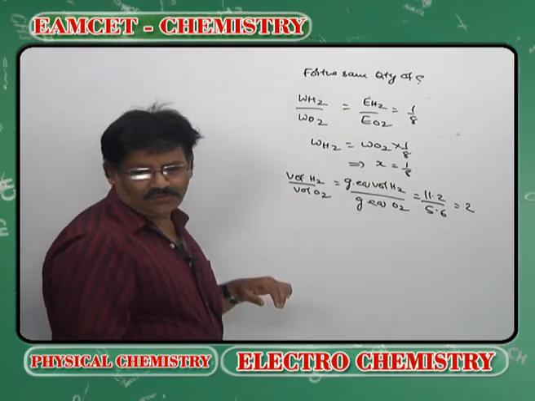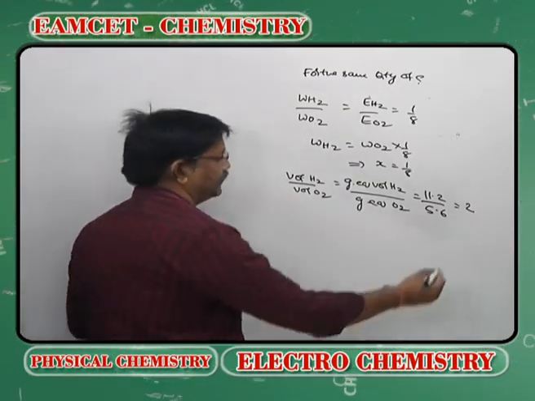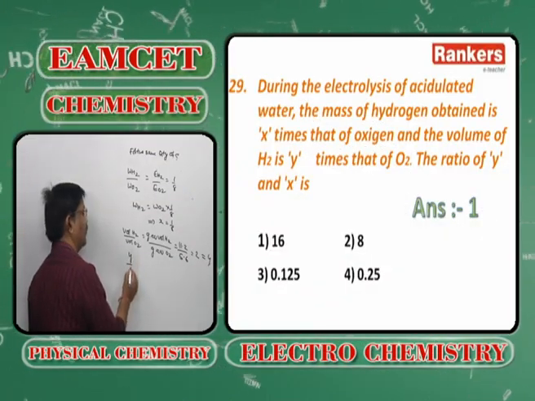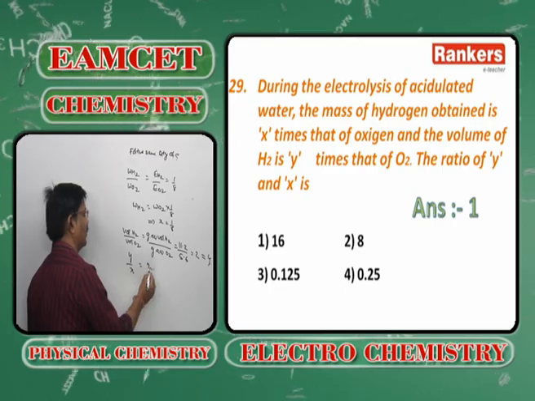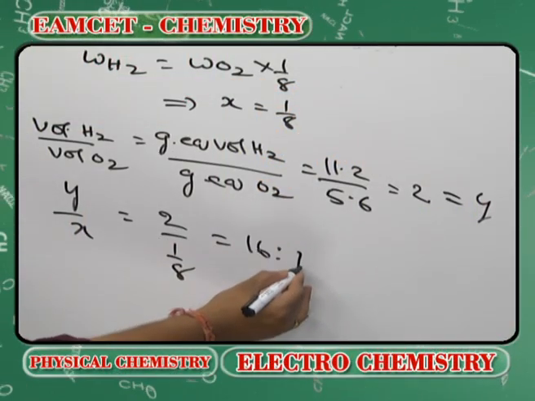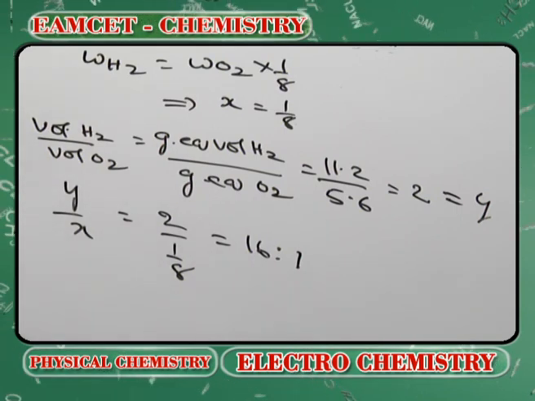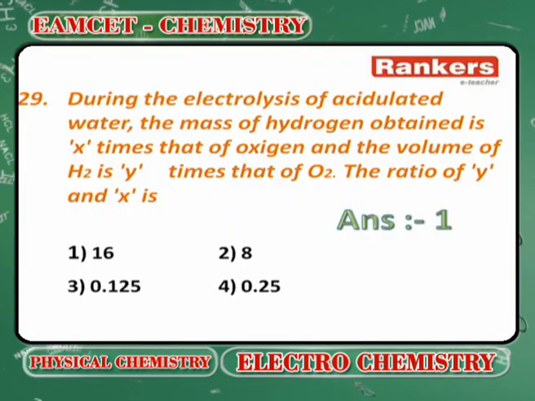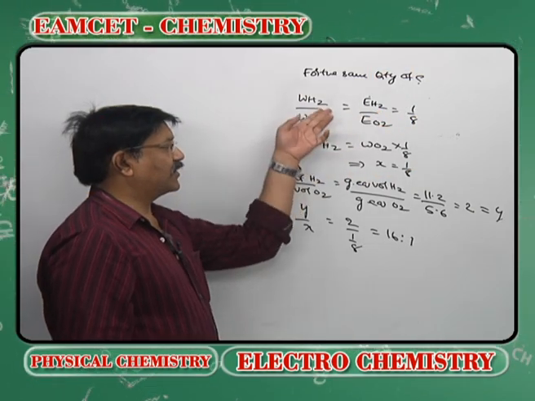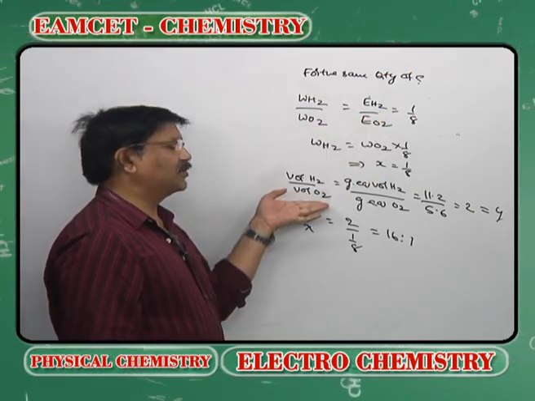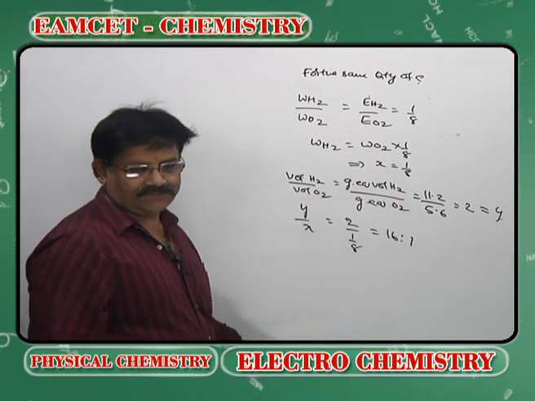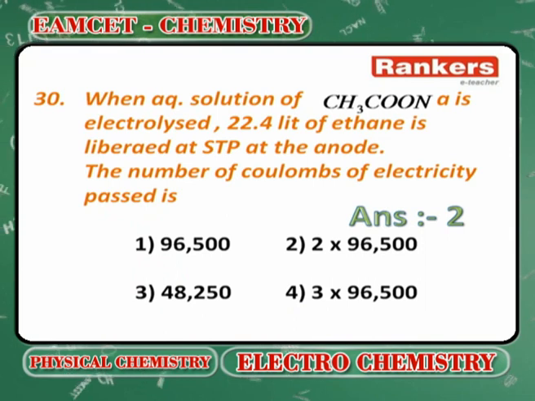This is y. Now, y by x is equal to 2 by 1 by 8, that is equal to 16:1. Option 1 is the answer. Weights are proportional to equivalent weights. Volumes are proportional to gram equivalent volumes. This is the way to solve. Next question.